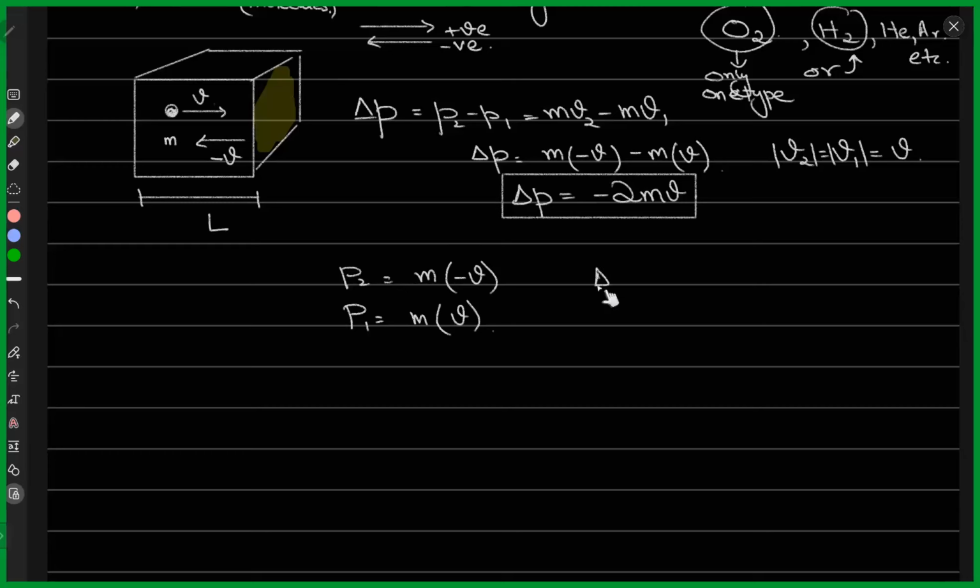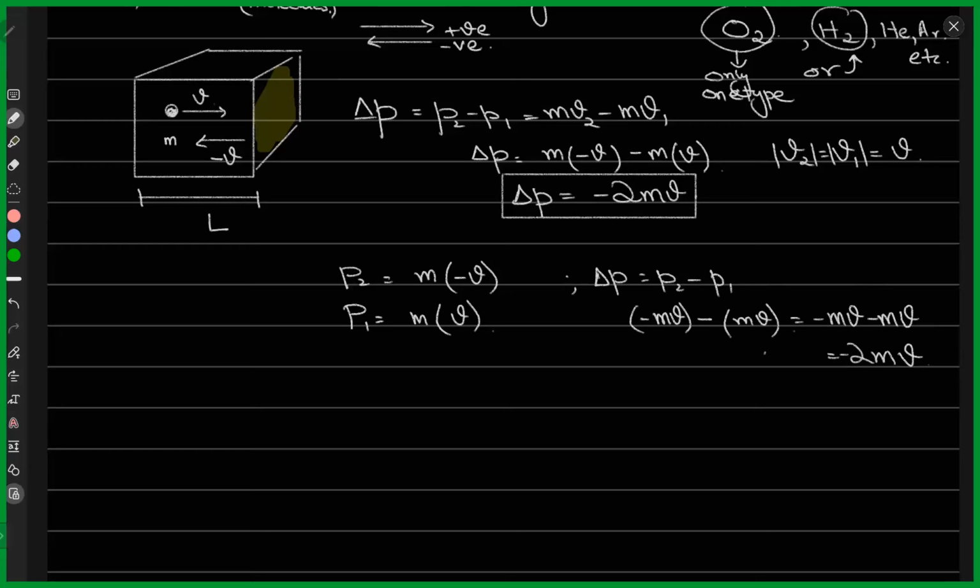So this is P2 and P1. Now the difference in momentum is P2 minus P1. I'll just substitute the values for P2, which is minus mv, right? So it's minus mv. And then this is P2, and then we have this minus sign, and then P1 is mv. So that's how we got it, right? Now this is minus 2mv.